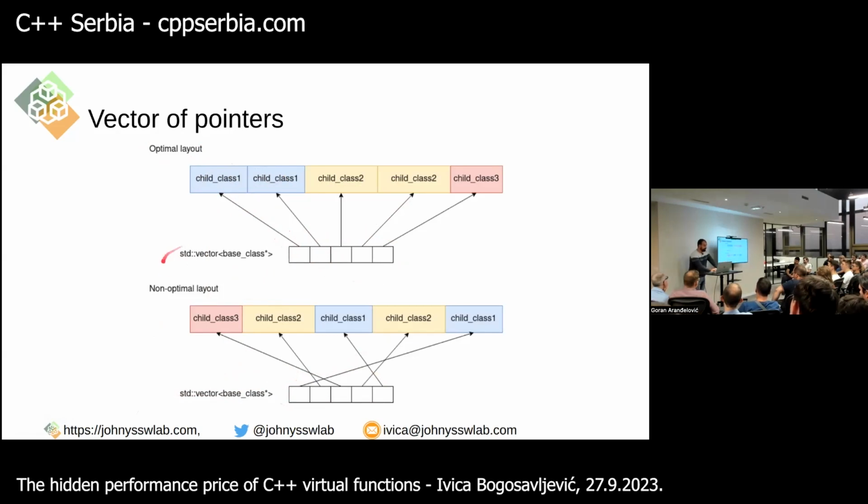On the other hand, here you see the non-optimal layout. Why is it non-optimal? Again, here you have a vector of base pointers, but as you see, the first points to the fifth, the second points to the second, and so on. So they're not pointing to neighboring objects, they're pointing to random places in memory. From the memory subsystem point of view, this is not good, because you're just targeting random accesses.